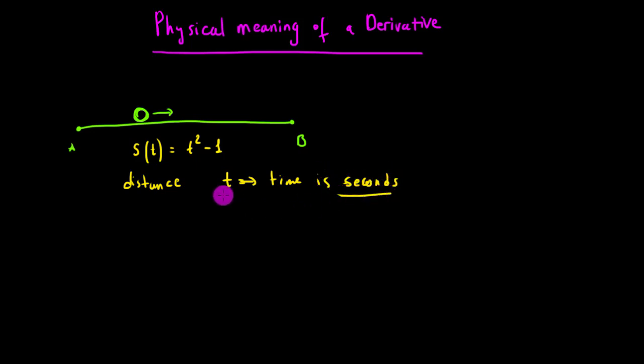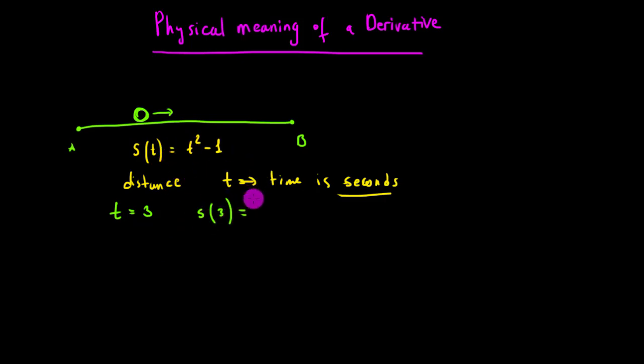Let's say we want to find the distance traveled by the object when the time is 3 seconds. So we just have to put 3 instead of t.